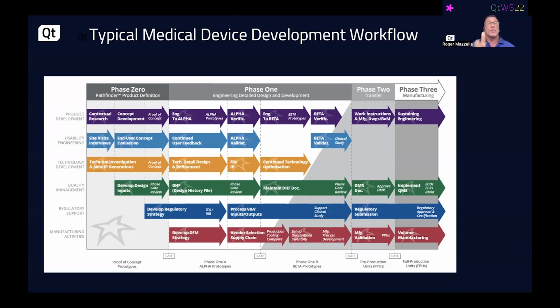But what happens when you get them involved in phase 0, when you start looking at the end user concept evaluation? Wouldn't it be better to have a solution that can simulate or show you what the early stages of that user experience might be?